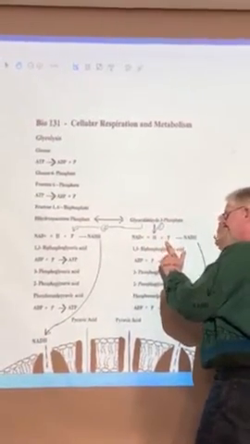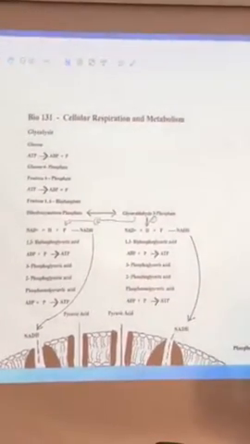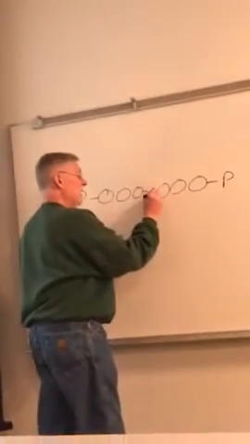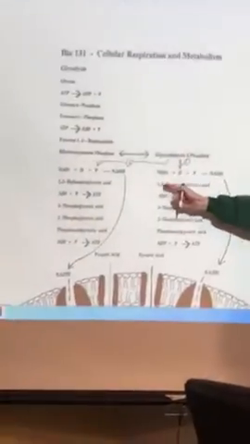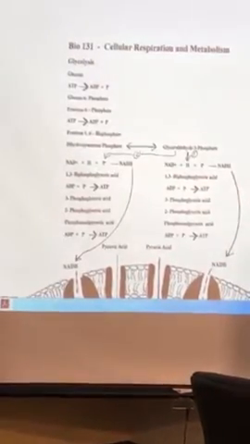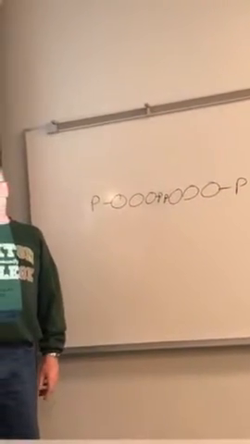And when it does that, it's going to add another phosphate on there. So now you're going to have a biphosphorylated molecule. It's 1,3-biphosphoglyceric acid. 1 phosphate on the 3 carbon, 1 on the number 1 carbon.